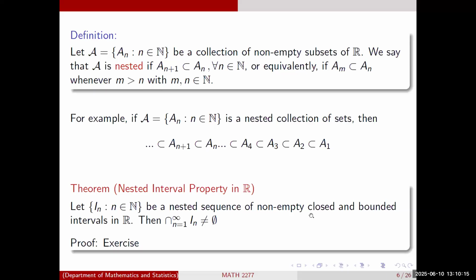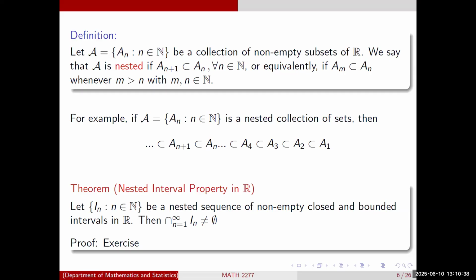This condition where the intervals are closed, we know what closed means, a closed set. And remember what bounded means? A set is bounded if it has an upper bound and a lower bound. So bounded simply means the intervals do not extend to infinity.